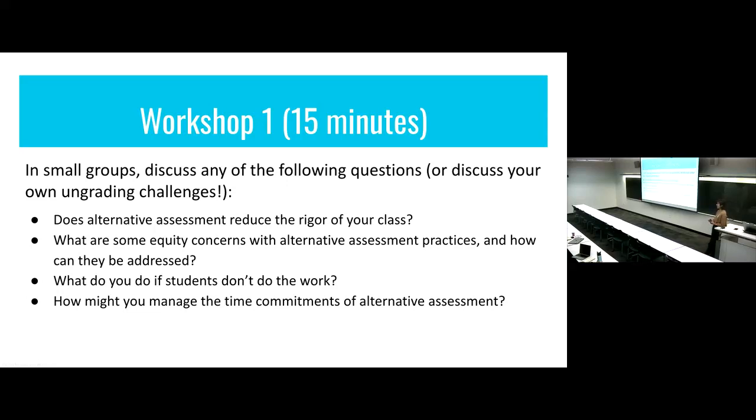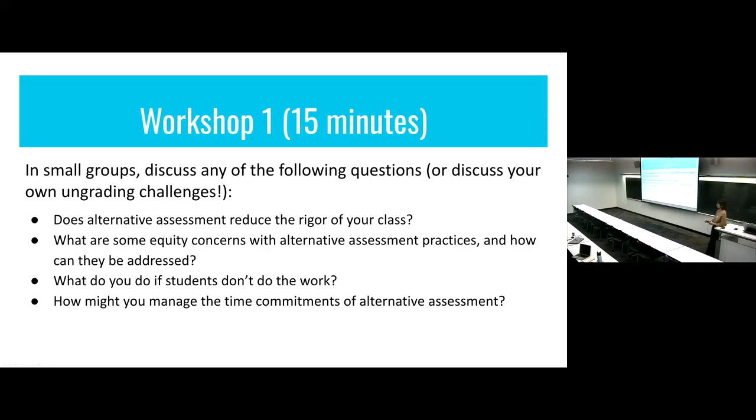Yeah, go ahead, Katie. I'm a librarian, so take this from an outside perspective; I haven't taught a course in a long time. I don't know that I see how alternative assessment would reduce the rigor of a class if done thoughtfully, because hypothetically imagining what this would look like, I end up with students who get bad grades when they don't do the work.